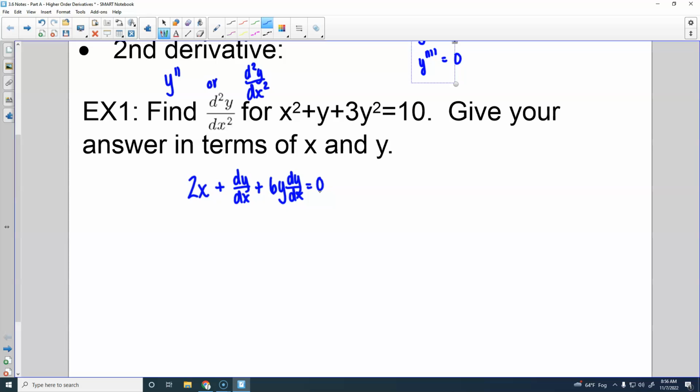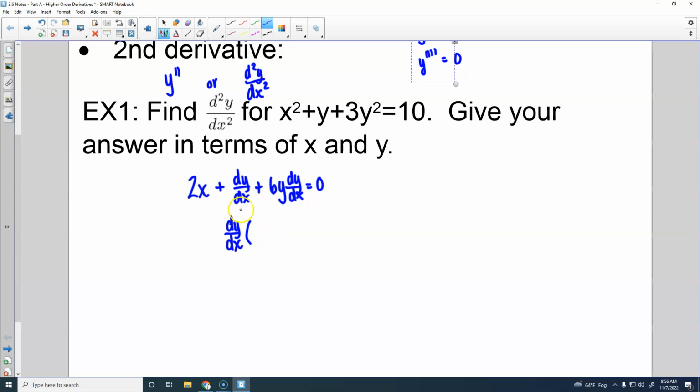When we're doing implicit differentiation, we want to move everything without a dy dx over to the right-hand side. I'm going to factor out the dy dx of the stuff that's left over here.